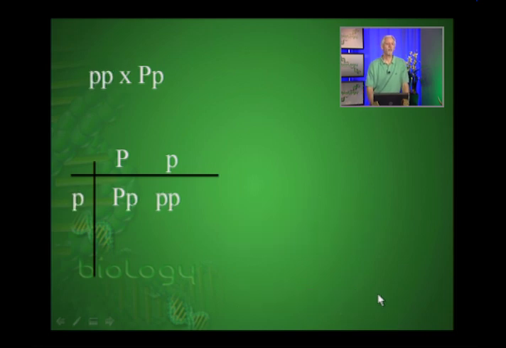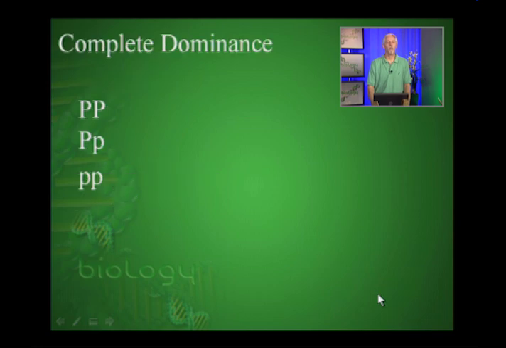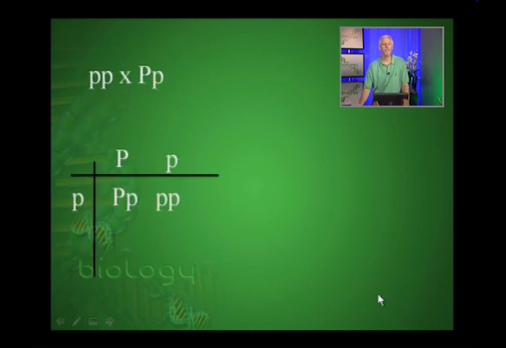And homozygous recessive times heterozygous would give us, and actually it isn't showing us that, but it would give us half heterozygous and half homozygous recessive. Also half would be purple and half would be white. So again, this is all review from our last lesson.